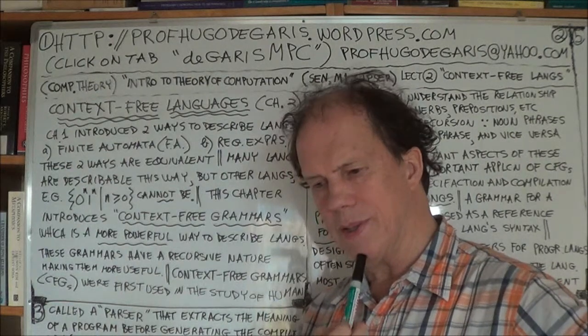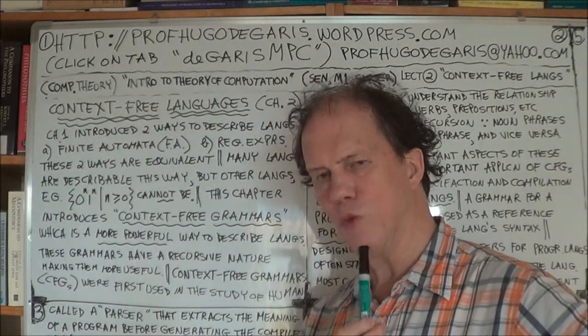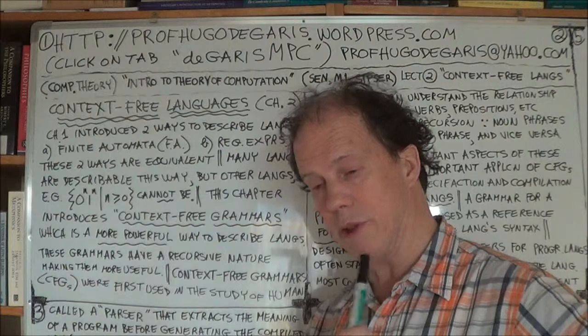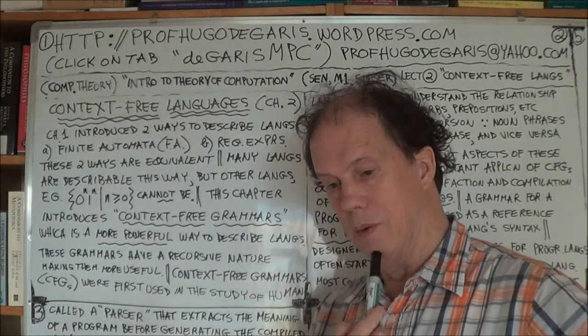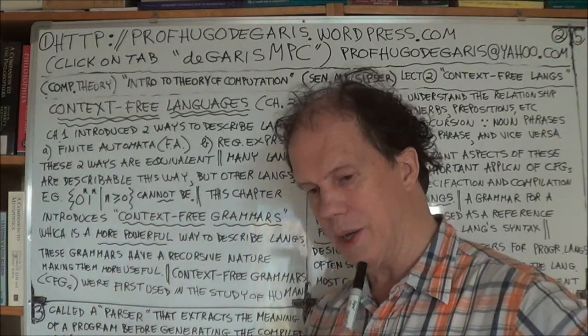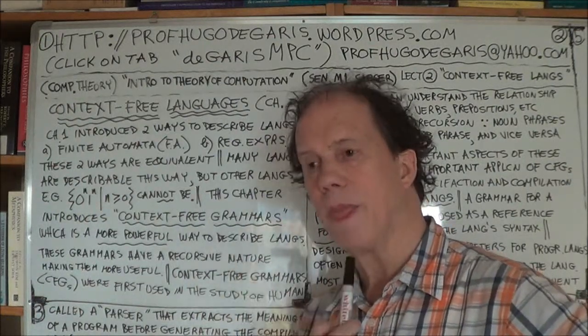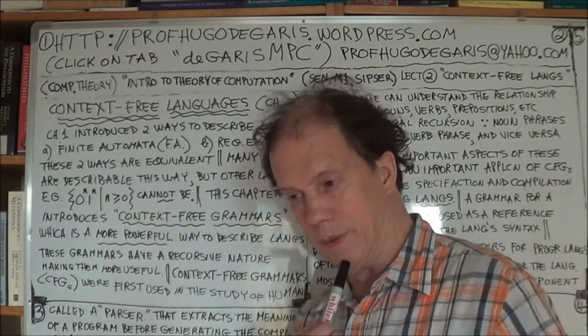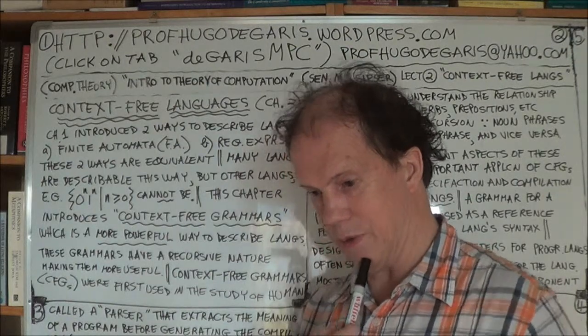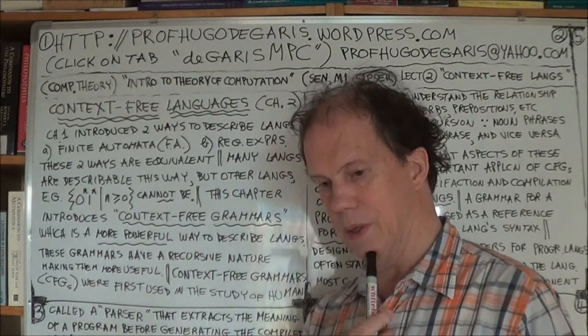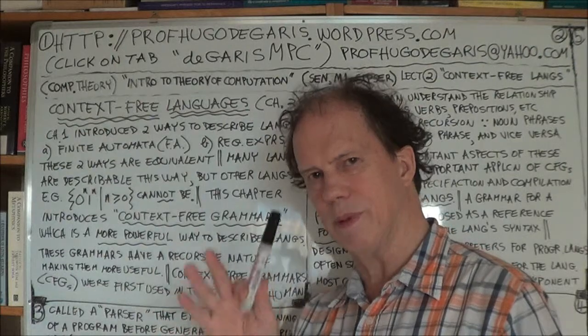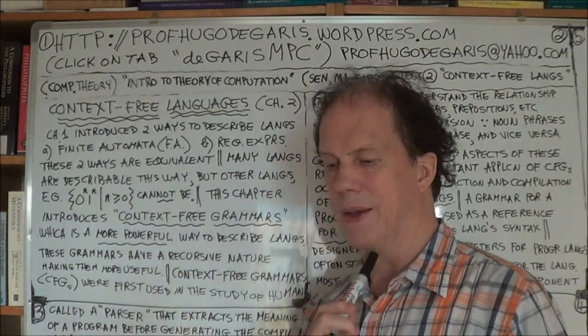A grammar is a set of rewrite rules. And so what's a rewrite rule? Well, it's a rule that tells you how to rewrite, in other words modify, change, a string. So you may have a string of symbols. Now, I'm glossing over details, but just roughly.